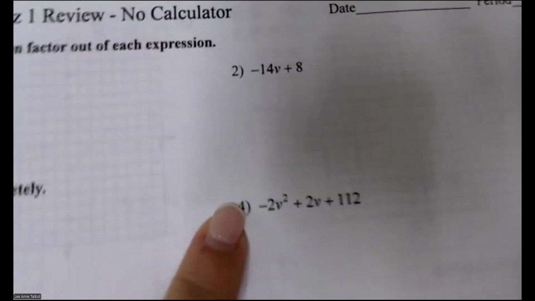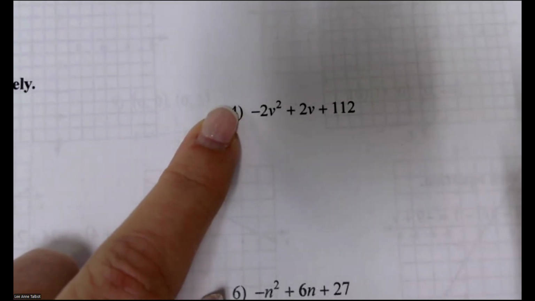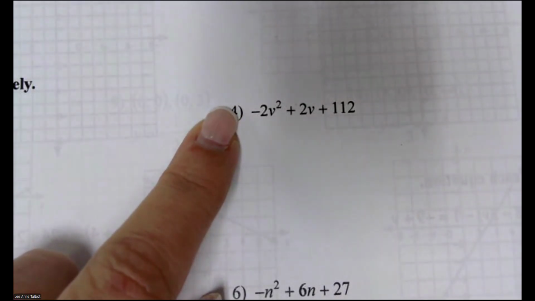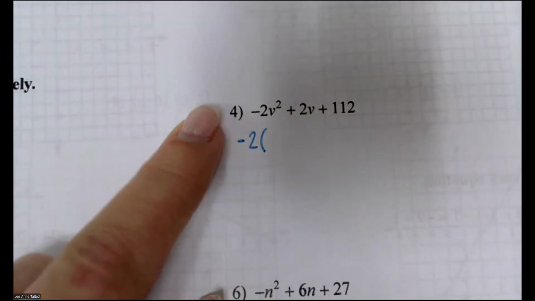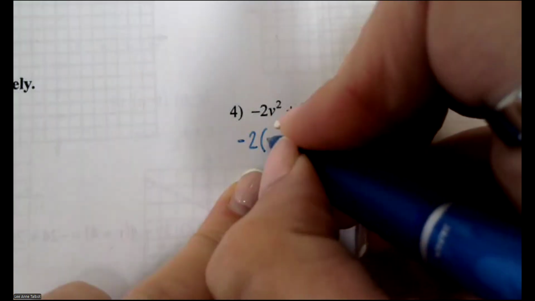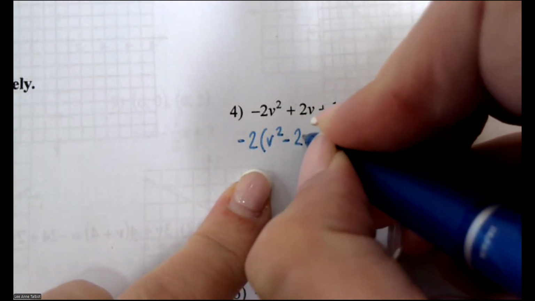It is my advice that when you have a negative in the front, you factor out -2 and not +2. And the reason is because the diamond and box is so much easier to do with a positive than it is a negative. So what I would say to start this problem would be take out a -2. That changes this to -2.